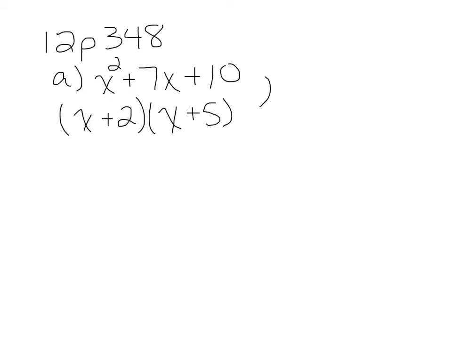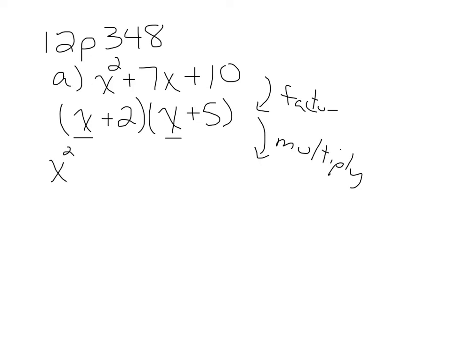So if the directions say to factor, that is what you are to do. Now, if the directions say to multiply or expand, then we will multiply it out. X times x is x squared.